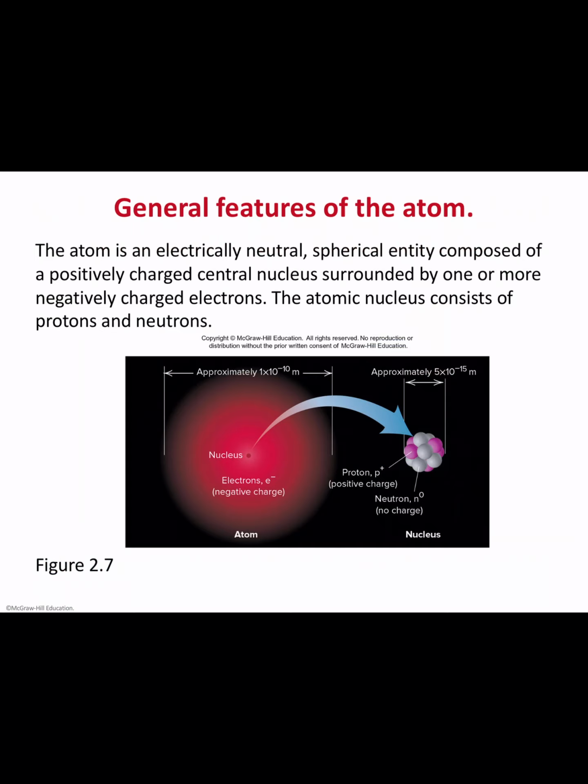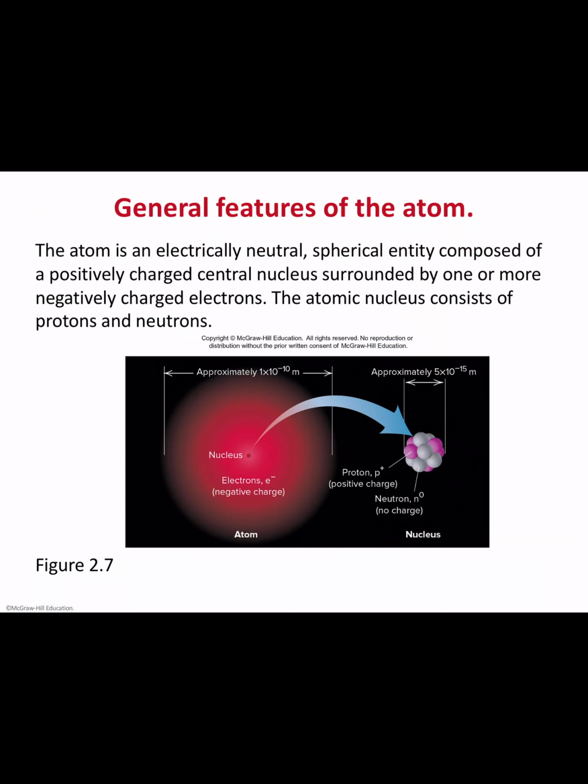These are the general features of the atom. An atom is an electrically neutral spherical entity composed of a positively charged central nucleus surrounded by one or more negatively charged electrons. The atomic nucleus consists of protons and neutrons, and the electrons are in the outer shells, outside the nucleus.